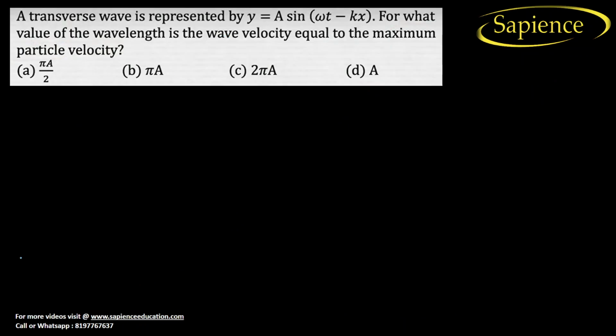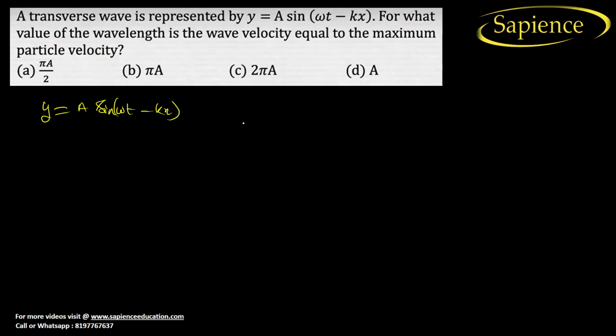Now let us consider some problems that can be solved here. A transverse wave is represented by y is equal to a sine(omega t minus kx). For what value of the wavelength is the wave velocity equal to the maximum particle velocity?